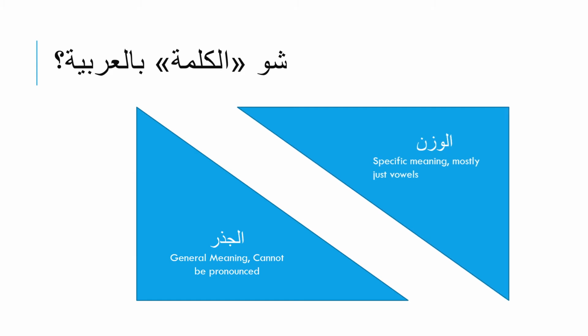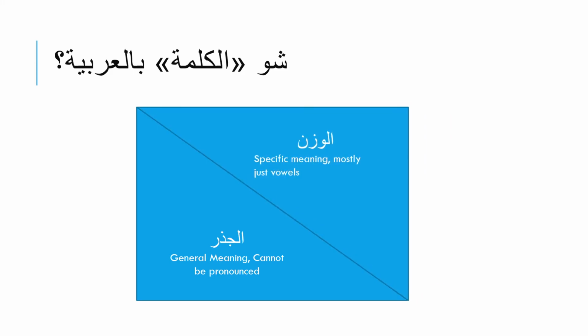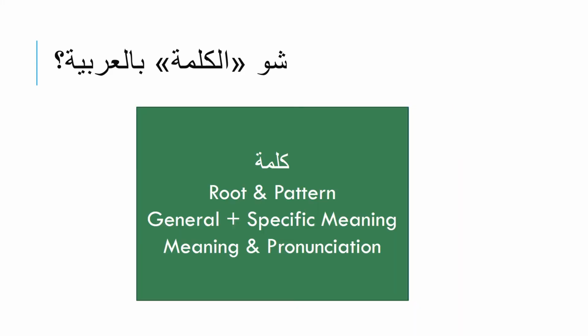When we combine these things, ta-da! We have a kalima, a word. It's the combination of the root and the pattern, the general meaning of the root with the specific meaning of the pattern, and a combination of meaning taken from the root and pronunciation taken from the pattern. These things combine and are complementary to one another.